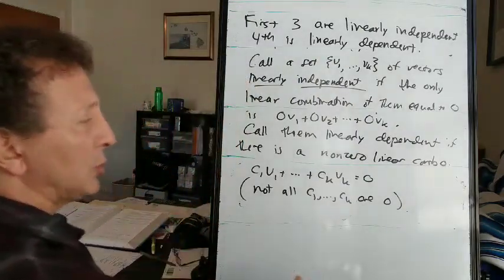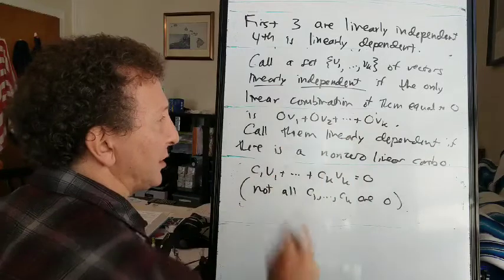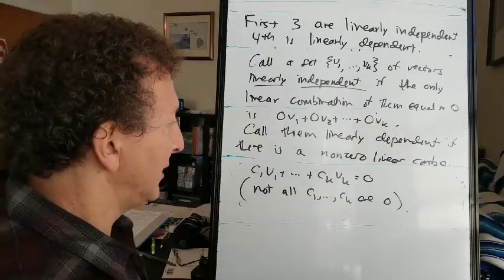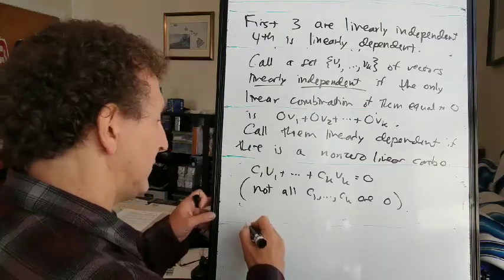It's better if the only linear combination that gives 0 is the zero linear combination, because that makes it easier to recognize the 0 element of the vector space.